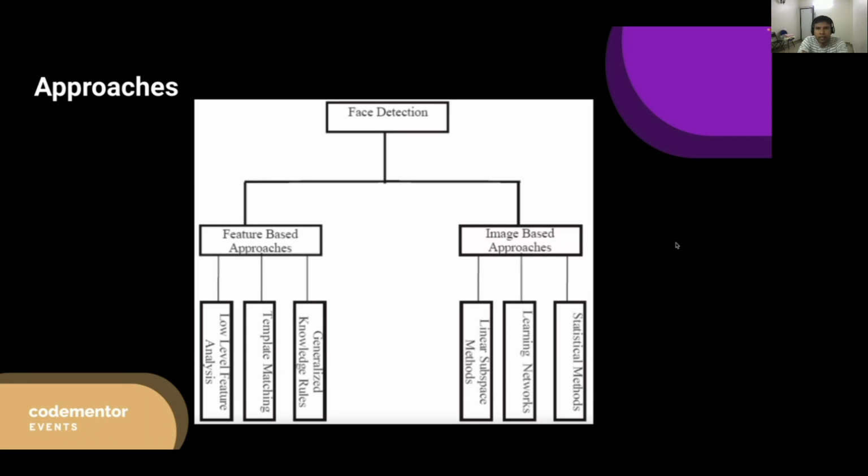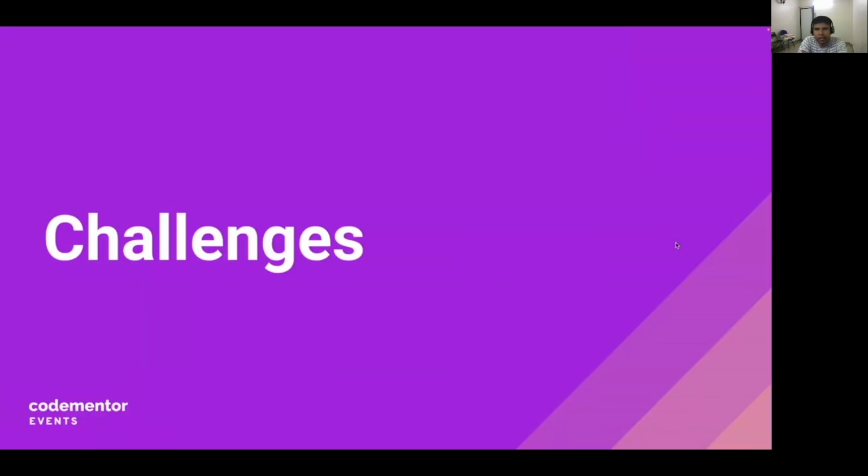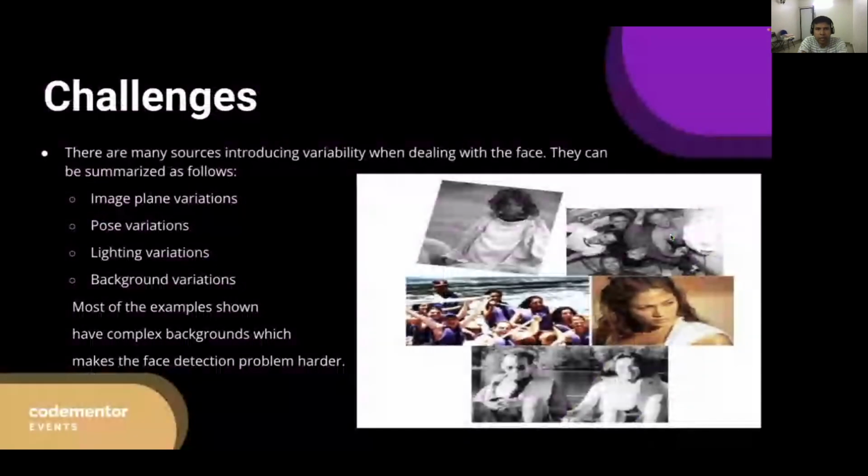Let's discuss the challenges next. When we do face detection in still images, there are multiple challenges, which we can classify, like image plane variations. Suppose there are multiple faces in an image, and there are images where the background color is similar to skin color, where I am highlighting with my cursor.